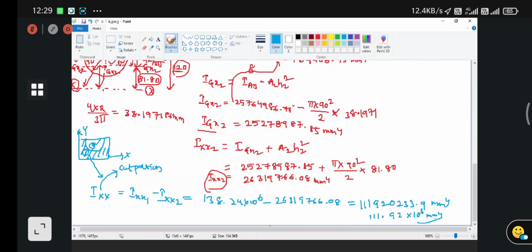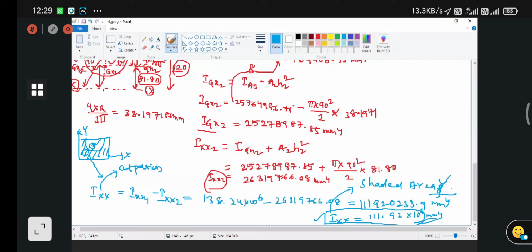This much answer you have to get. So this is the final moment of inertia about the base axis, about its base axis. So this is the final answer for the shaded area.